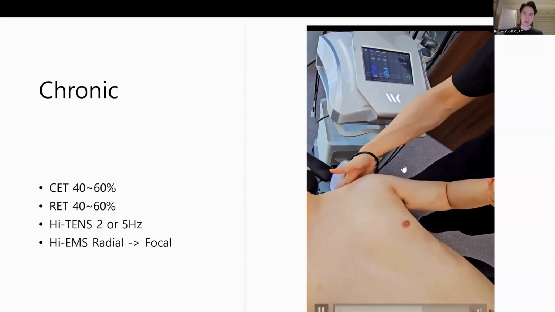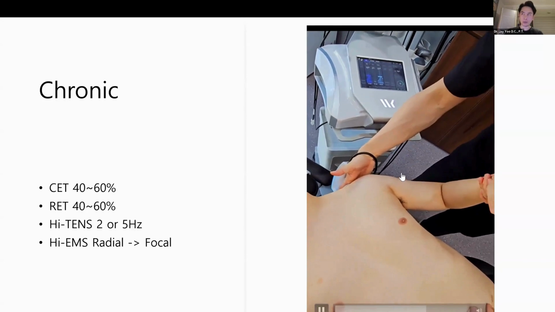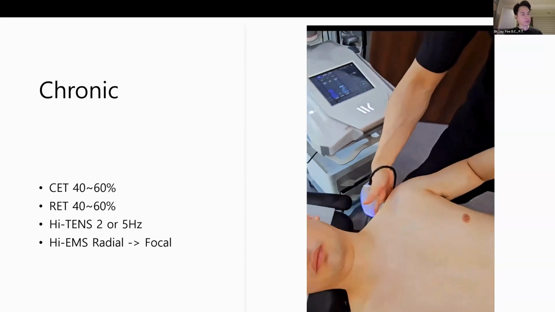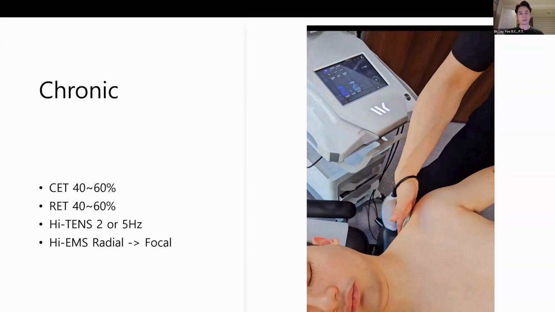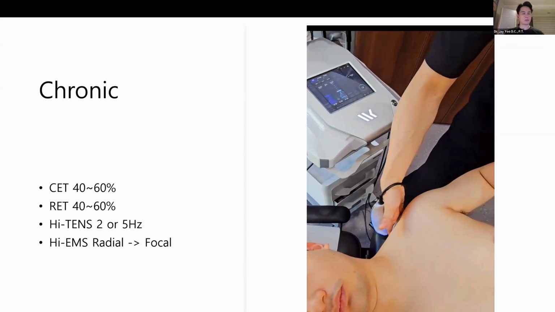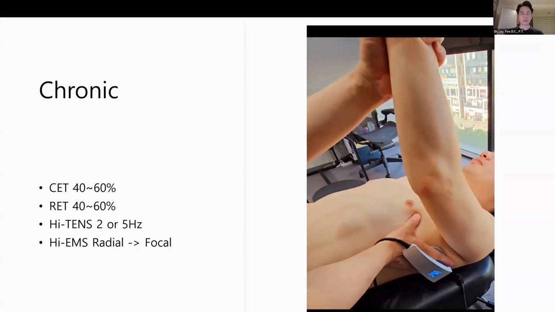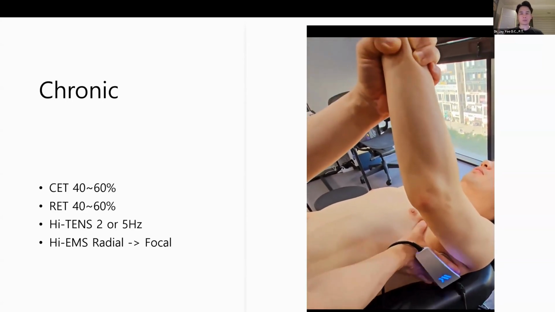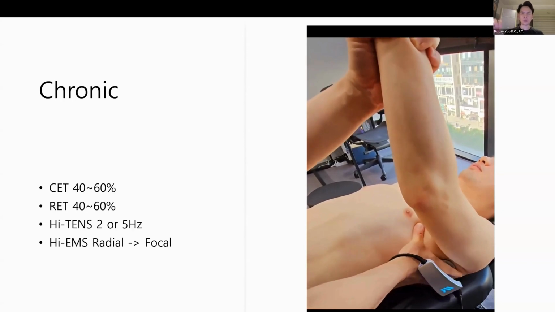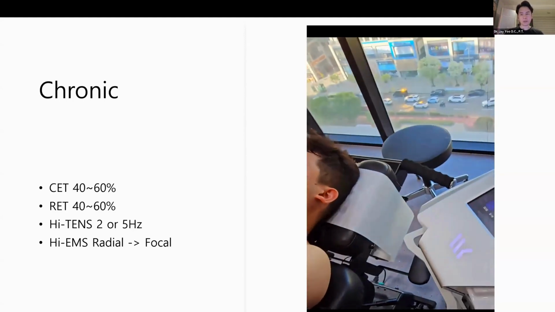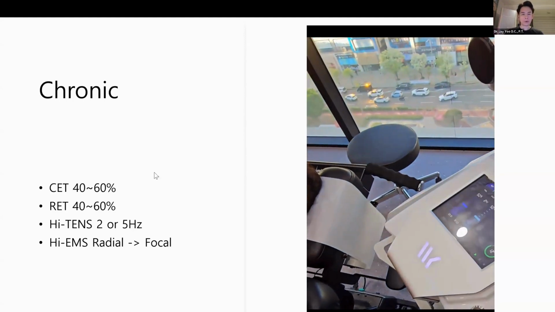Supraspinatus is a really important muscle for raising up your arm, as you know. After that, I use subscapularis and teres minor. You can see the twitching of the muscle, and the arm is moving.